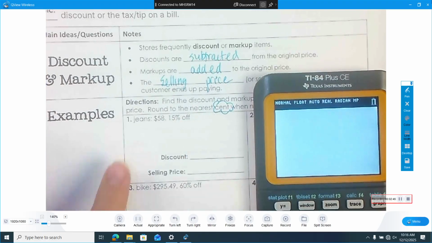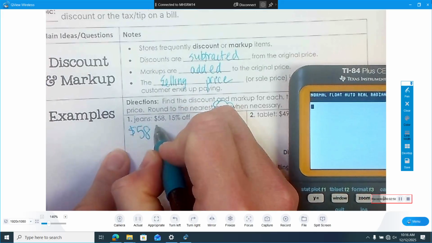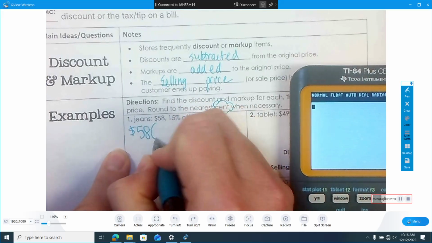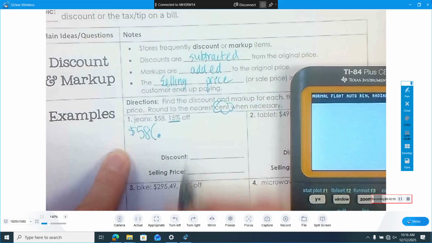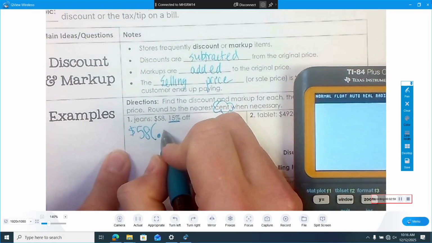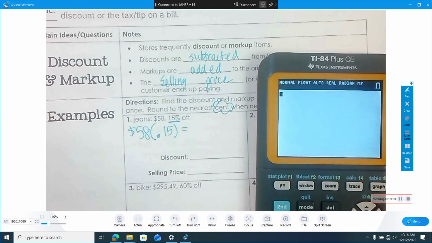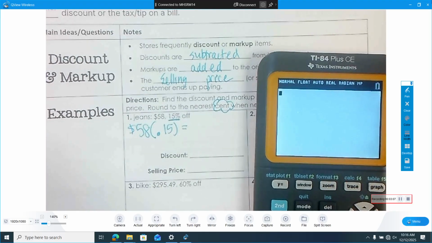Less. Okay. So what we can do is we're going to take our $58 and we're going to multiply it by 15%. Well, 15% is the decimal 0.15. Anytime you use that percent, and we just want to multiply it, we can just move that decimal 2 places.